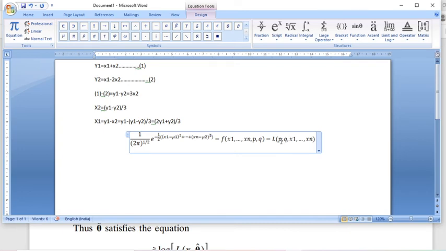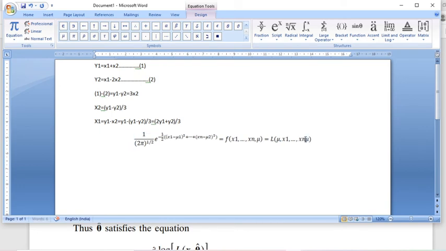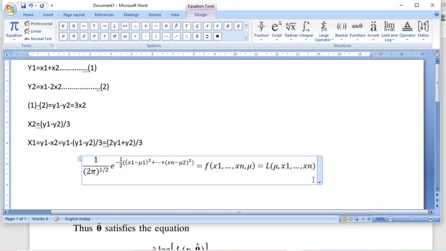So this is the same as the likelihood function, but for the joint density mu will be fixed, while for the likelihood function mu can vary.